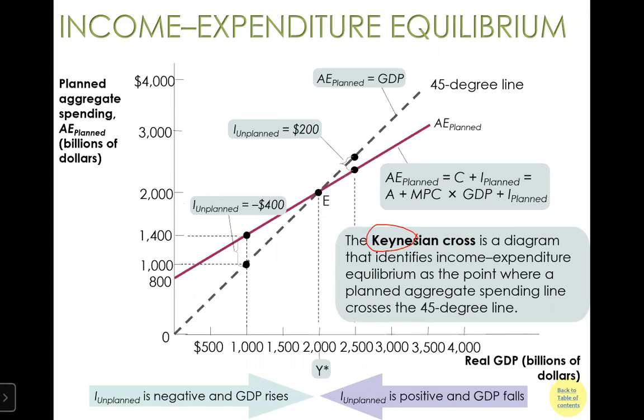But please keep in mind, we make tons of assumptions here. Just to name a few. Number one, demand determines everything, so all the adjustment comes from demand. Secondly, we simplify: no government, no rest of the world, no import and export. And third, we keep price as given.